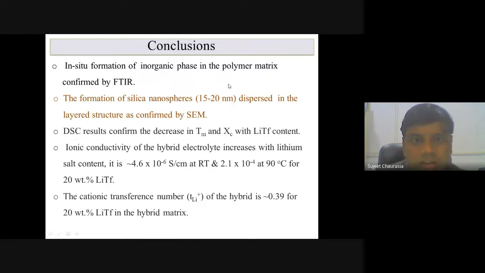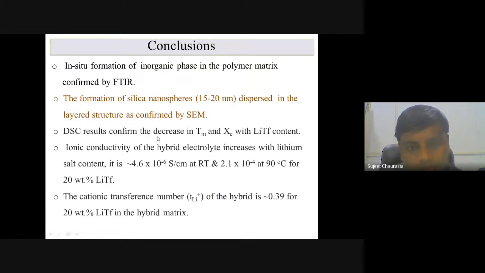The silica nanospheres of size 20 to 50 nanometers are dispersed homogeneously in the layered structures of the polar polymer PEO, as confirmed by the same analysis.